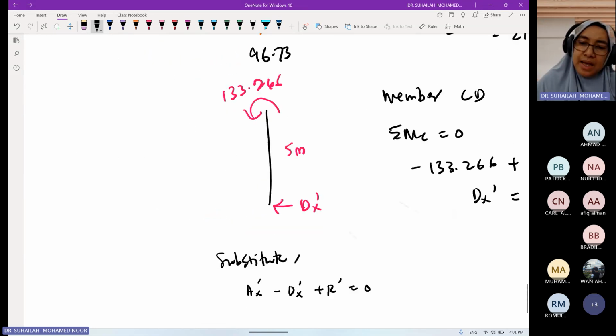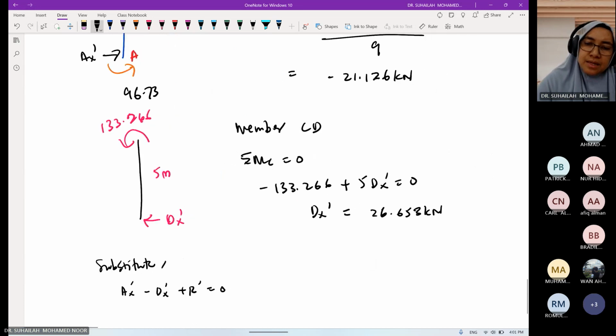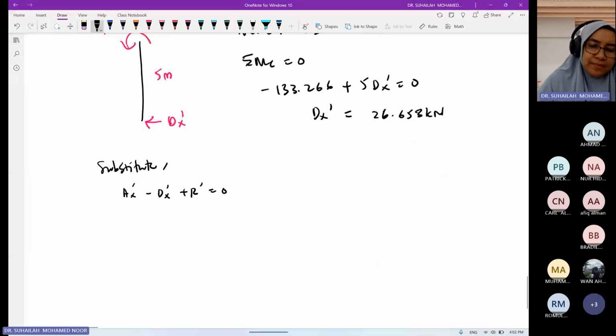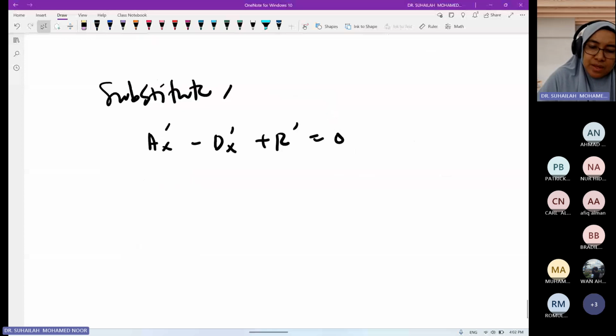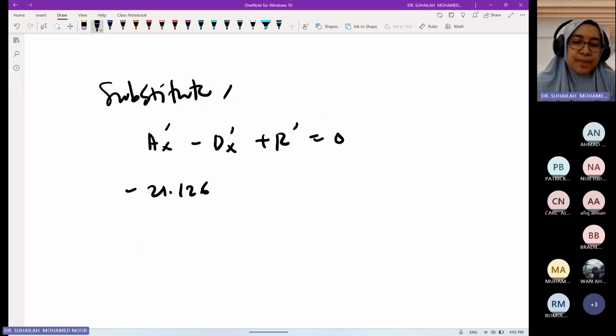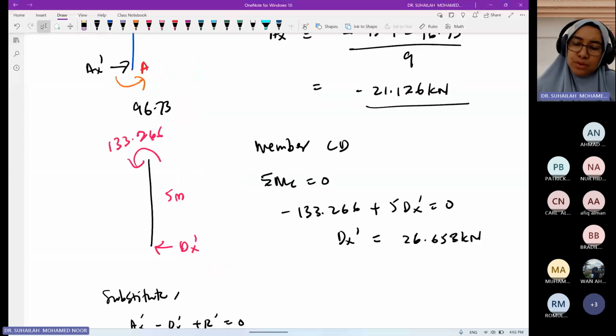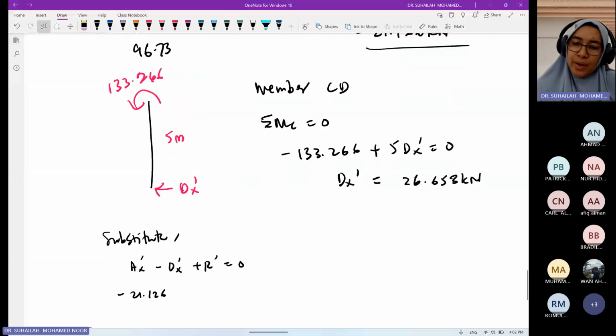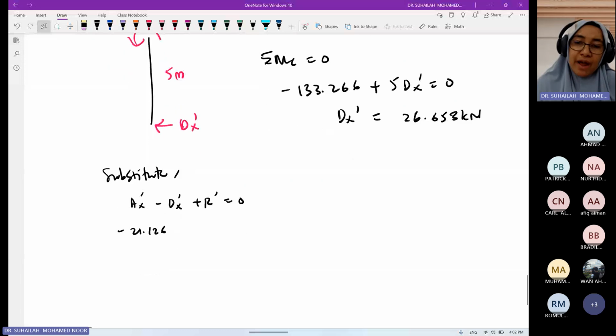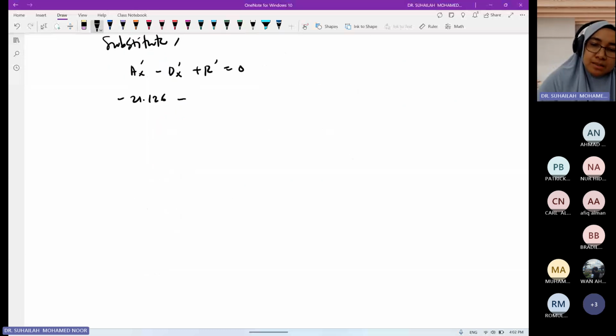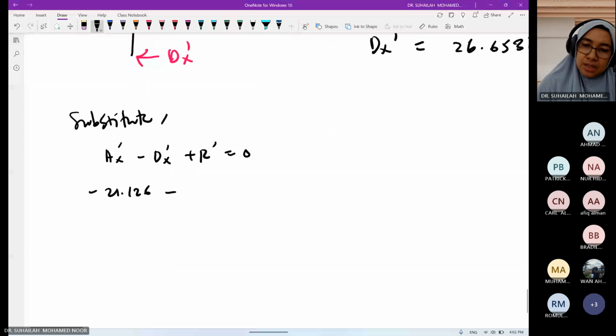So we substitute AX, negative 21.126. Okay, negative 21.126 and 26.653 minus 26.653. Okay, plus R prime is equal to 0.